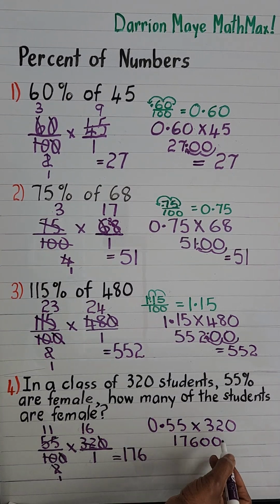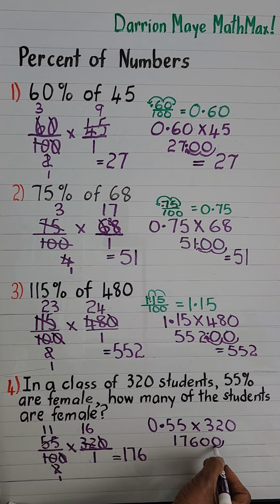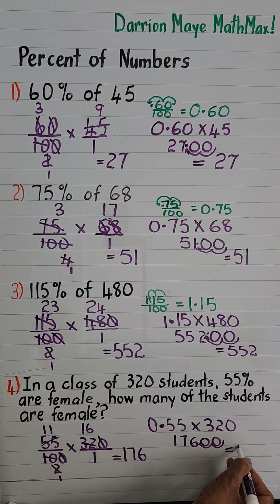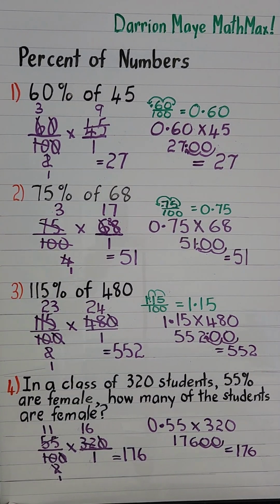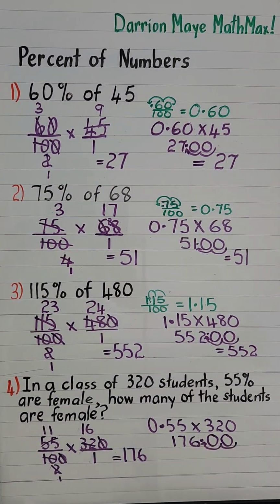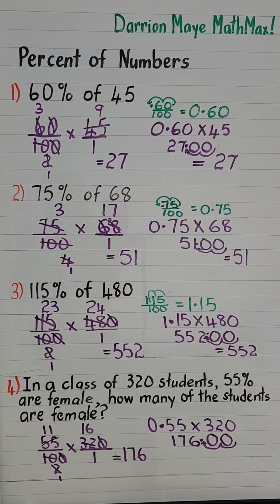And we have 2 decimal places, 1, 2, and our answer is 176. And there you have it.